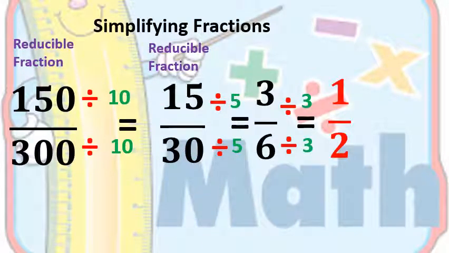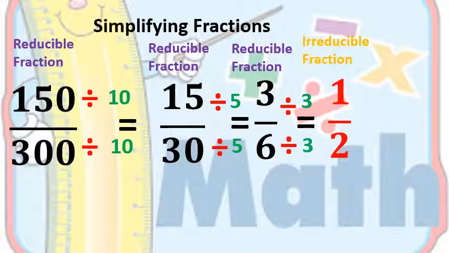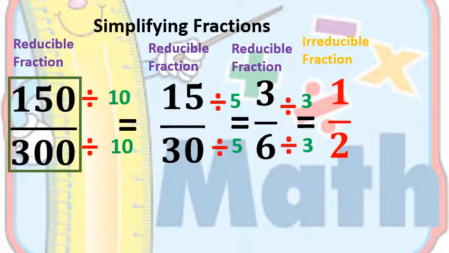Again, this one that we simplified, we're going to call a reducible fraction. Again, this is a reducible fraction, we can simplify it more. And the last one that we cannot simplify, we're going to call an irreducible fraction. So we have reducible fractions and we have irreducible fractions.